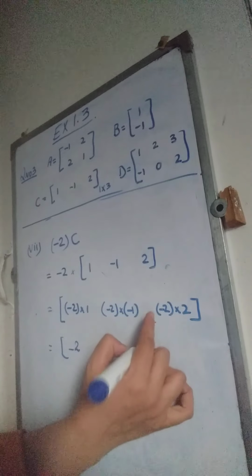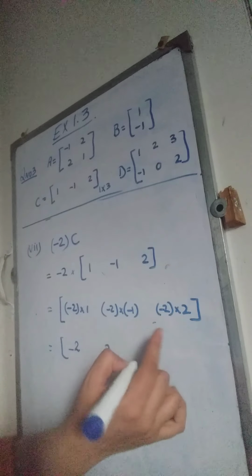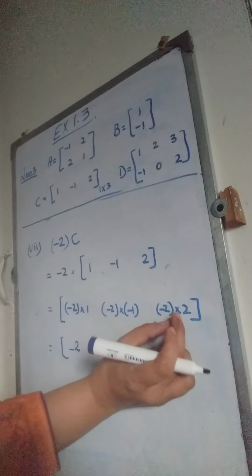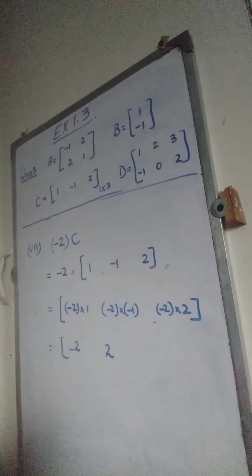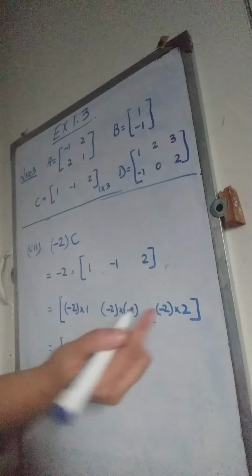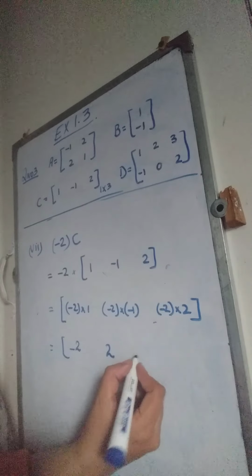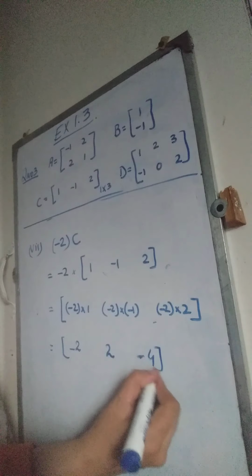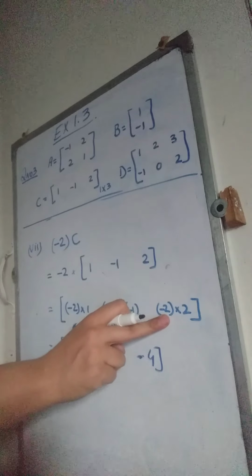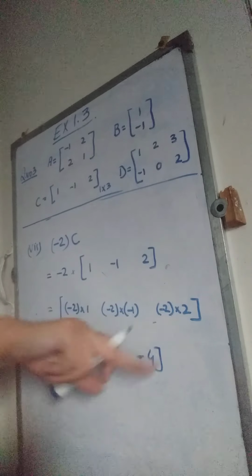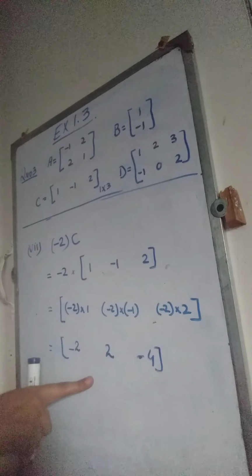Negative 2 into 2: these are two numbers having different signs. Therefore the answer will be a negative number. 2 into 2 is 4, and we are going to put a negative sign because the numbers which were multiplied had different signs. This was a positive number and this was a negative number. Okay, so this is negative 2 times C.